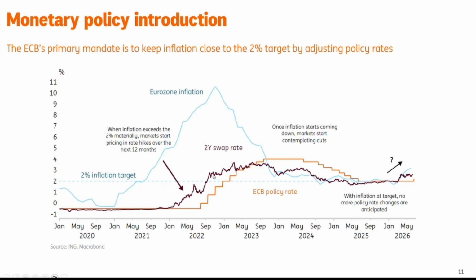We see that the two-year kept on increasing, inflation kept on increasing, more and more concerns the ECB would have to tighten, until we passed the peak of the inflation. So we passed the peak around the end of 2022, and inflation started coming down. And only then did you see that two-year rates started stabilizing more horizontally, no longer increasing.